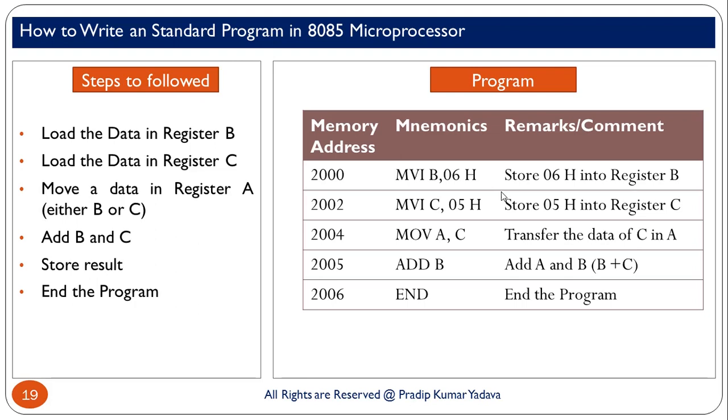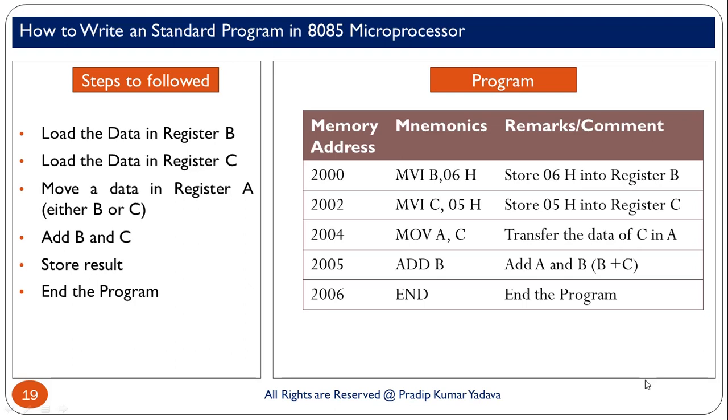Mnemonics means the instructions which we are passing, and comments means what you are going to do in each line. After 2000 there is 2002 mentioned, because it totally depends upon the instruction size, which type of instruction we are using.